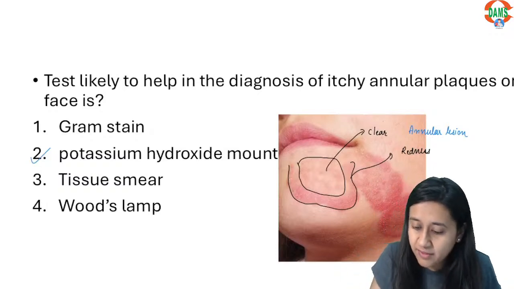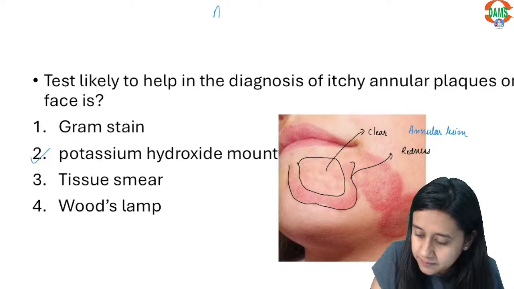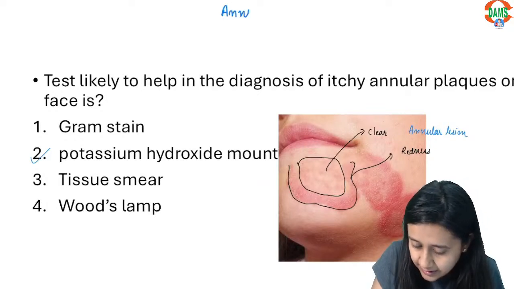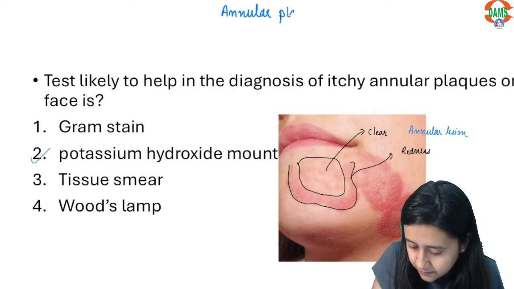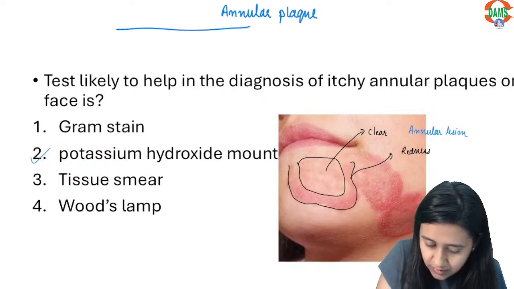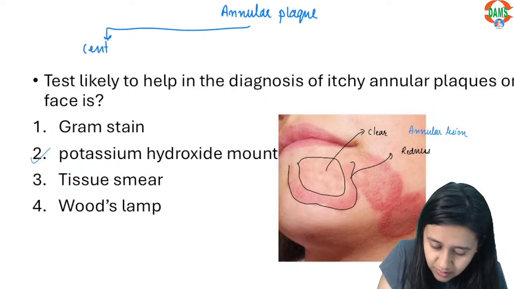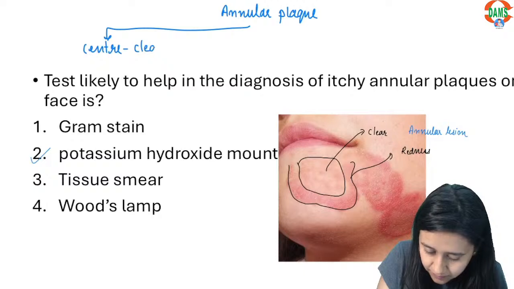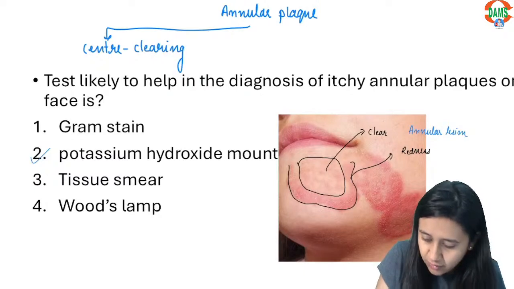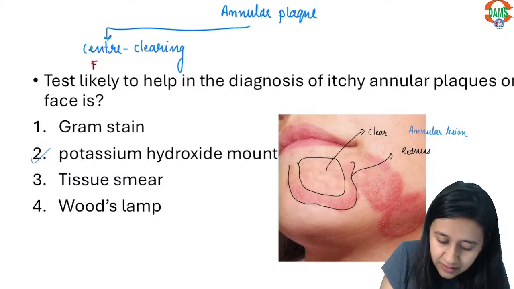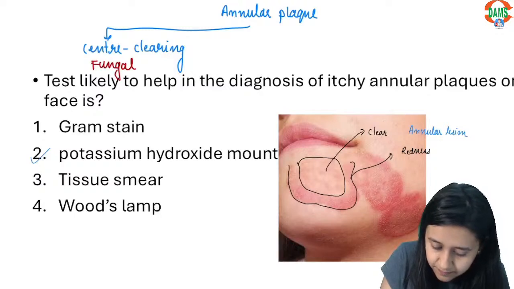Please remember, whenever you see an annular lesion, an annular plaque, and the center shows clearing, this is a feature of tinea, fungal infection, dermatophyte.